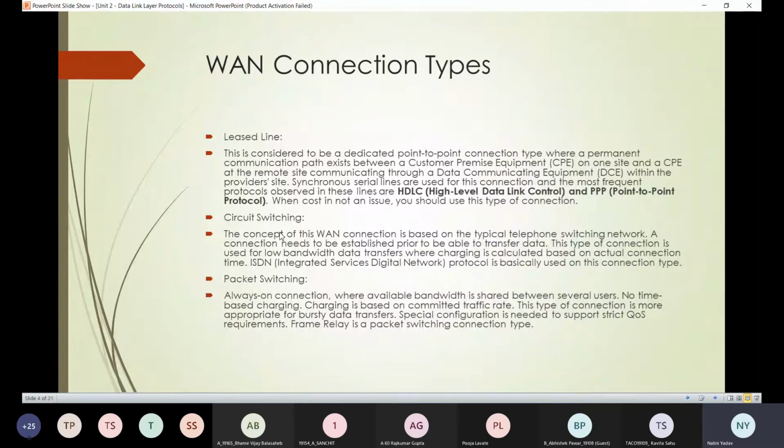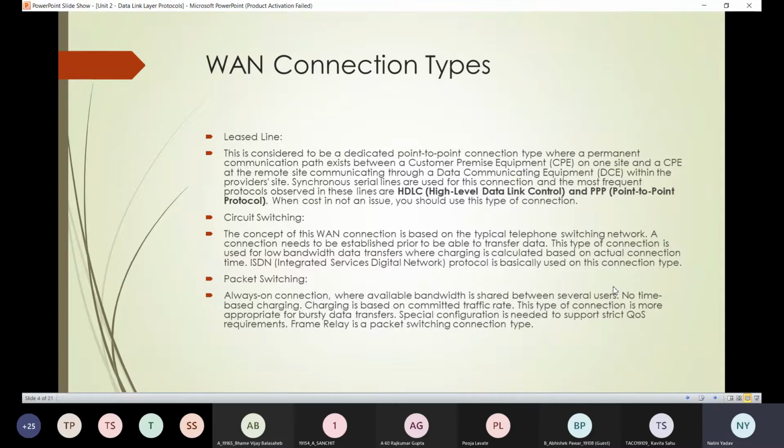So within the provider side. Synchronous serial lines are used for this connection, and the most frequent protocols observed in these lines are HDLC and PPP protocols, which we will be studying now. HDLC is the High-level Data Link Control protocol, and we have the Point-to-Point Protocol.